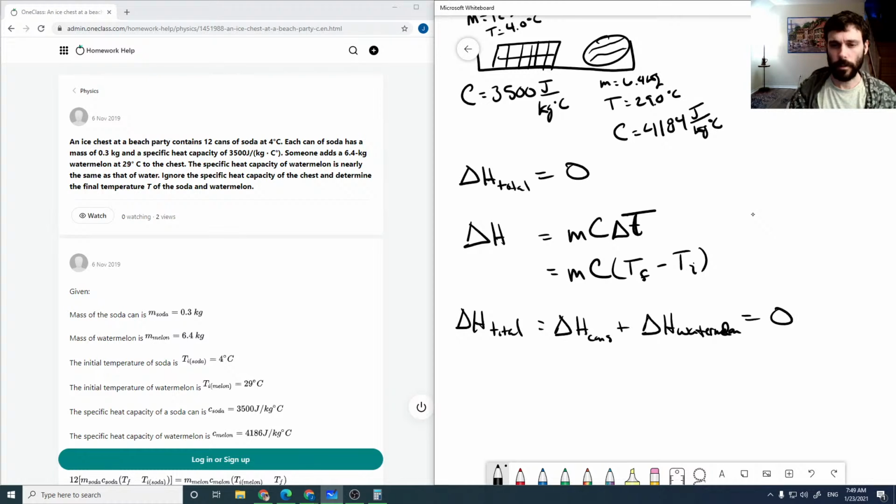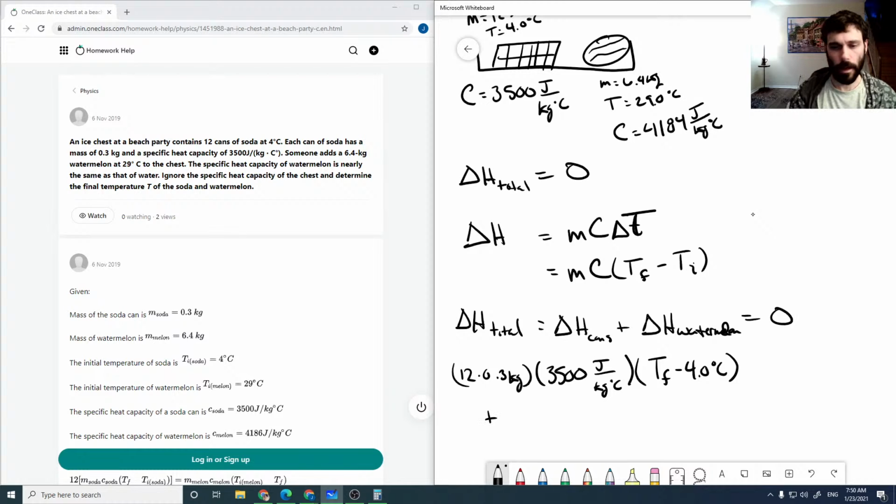So our delta H cans is M, the mass is 12 times 0.3 kilograms. Heat capacity is 3,500 joules per kilogram degrees Celsius. And it's TF minus 4 degrees Celsius.